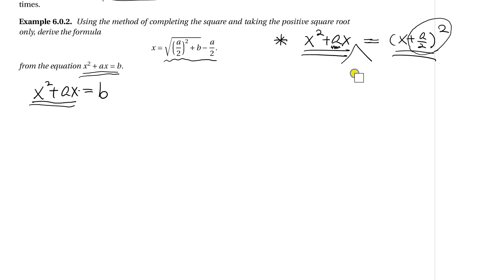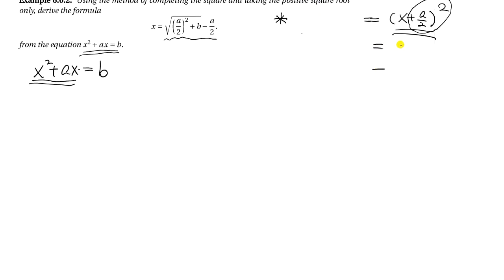Because when you expand this, x squared plus 2 times a over 2 times x, plus a over 2 squared, that's what we are going to get. So when you look at it, after cancelling these two, we have x squared plus ax and a over 2 squared.